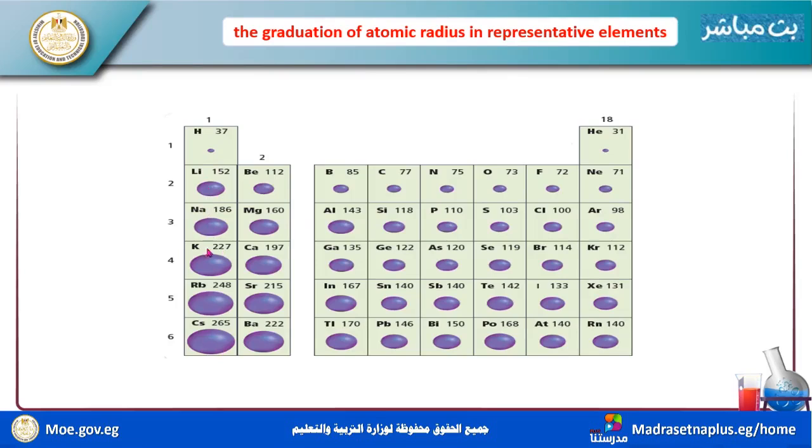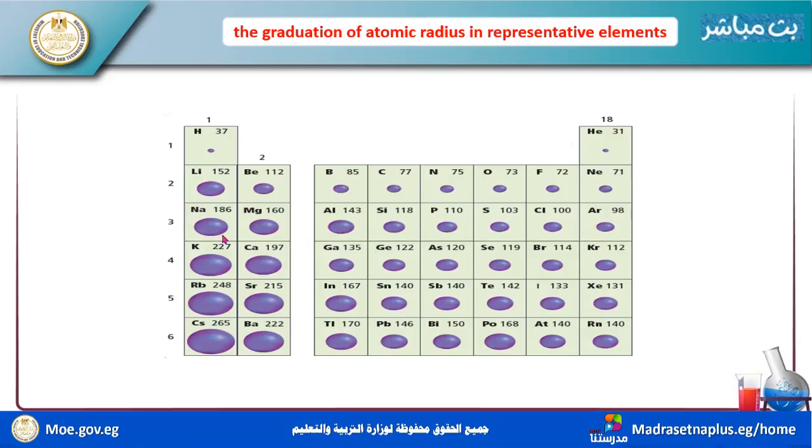Atomic radius increases in this direction, from top to bottom. Here, top to bottom, we find the increasing atomic size, because of the increasing diameter or atomic radius.